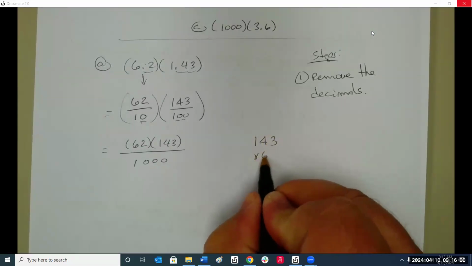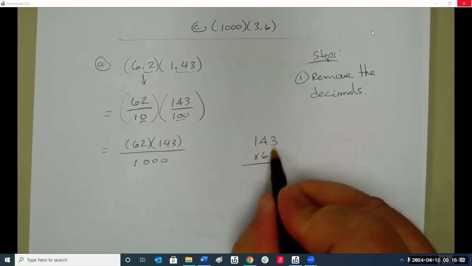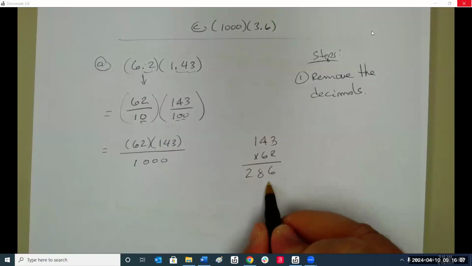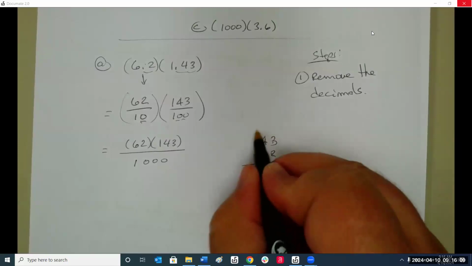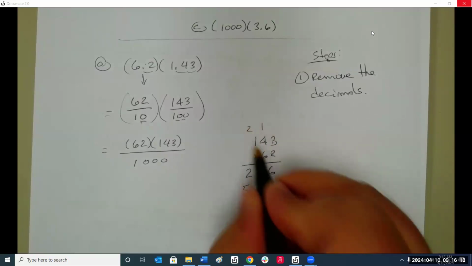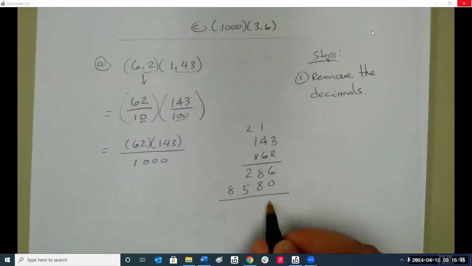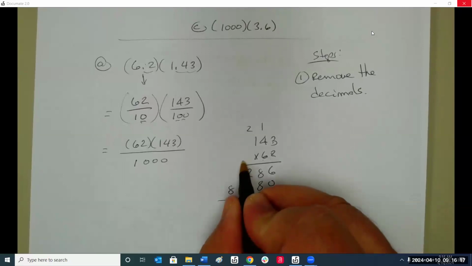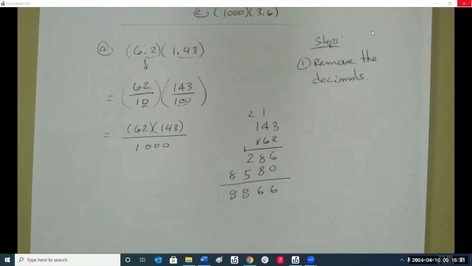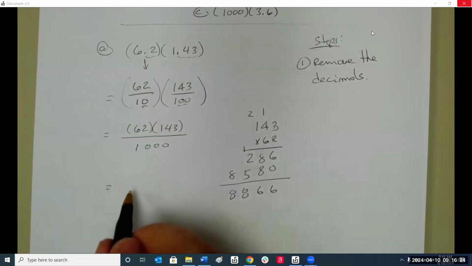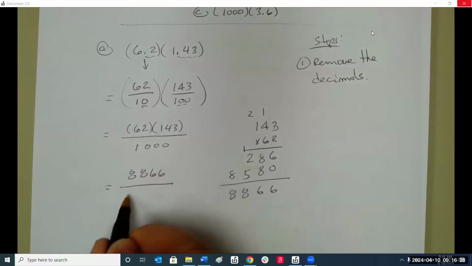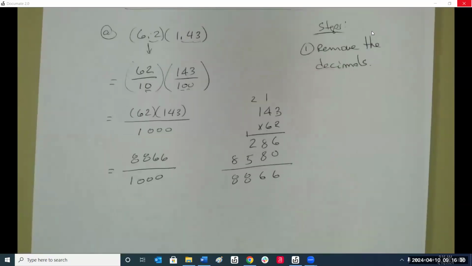So 143 times 62, 682, 1825. Carry the 1. So the top is 8866 over 1,000.